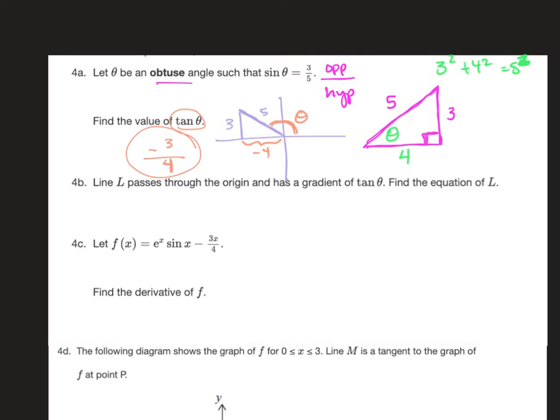Moving along. 4B, line L passes through the origin and has a gradient of that. Find the equation of L. Let's look at a picture of what this might look like. We've got a -4, we've got a 3, we've got a point there. It is also going to go through there, and it is going to be a straight line.